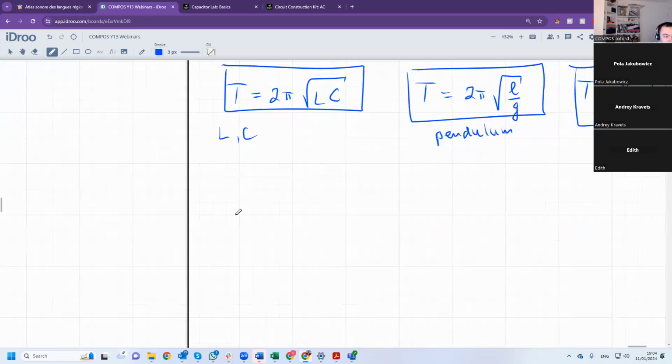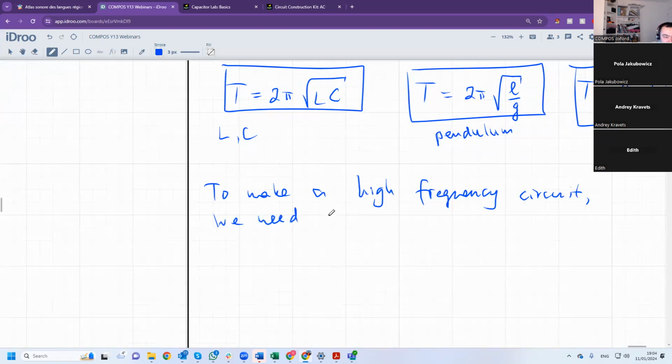To make a high frequency circuit, we need low inductance and low C. Are you on board with me?